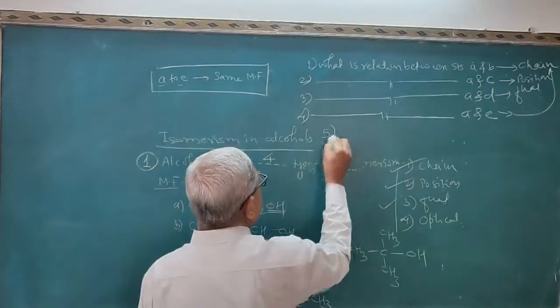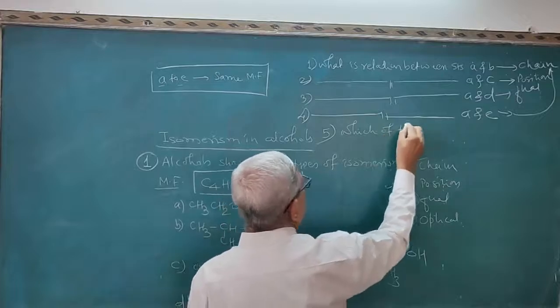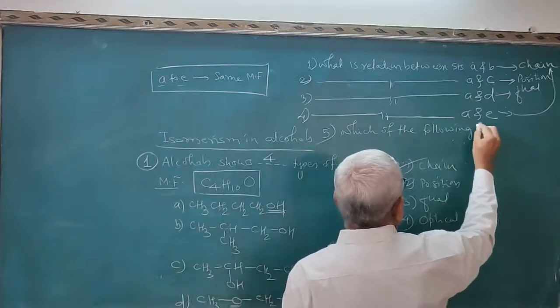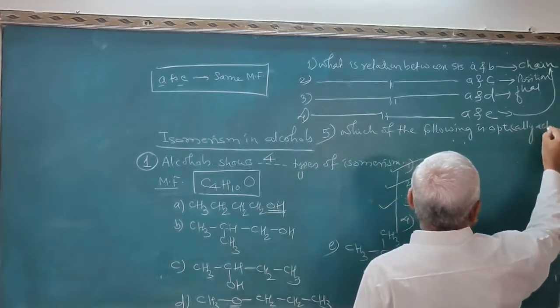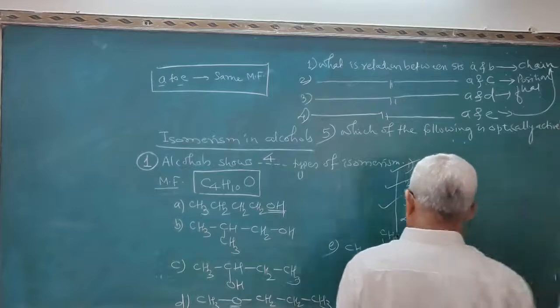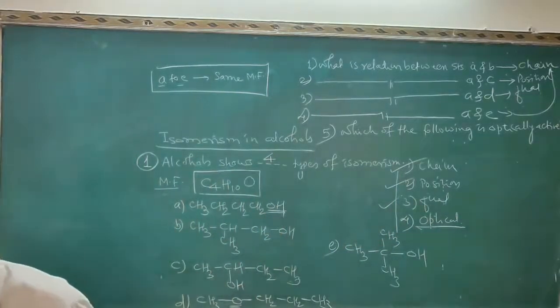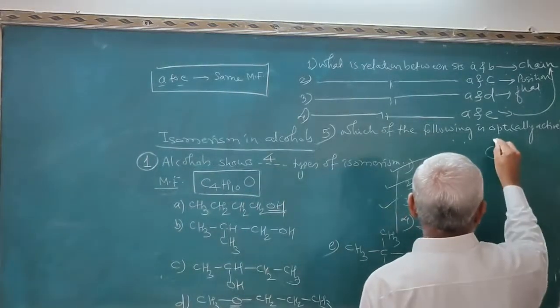Last question is very, very important. Which of the following is optically active? And this is the point here, optical activity. What is the condition for optical activity? The compound must contain an asymmetric carbon atom.